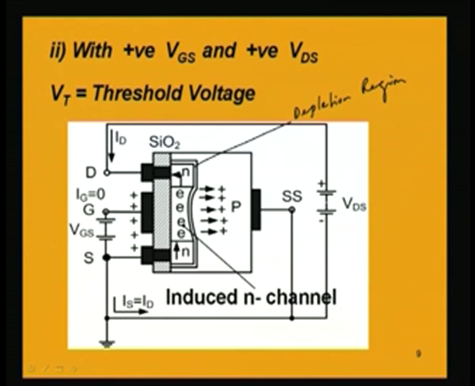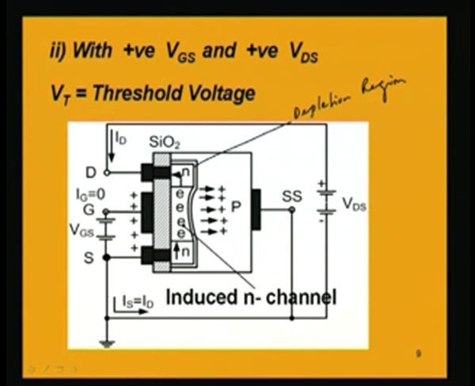So, now ID is flowing because of the existence of this induced n channel in between the two n type semiconductors, which are the source and the drain, and this current will flow through the source and end here.